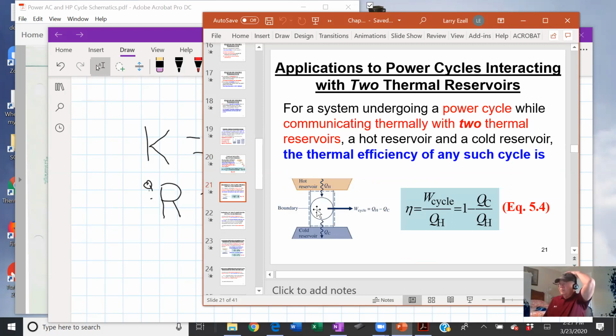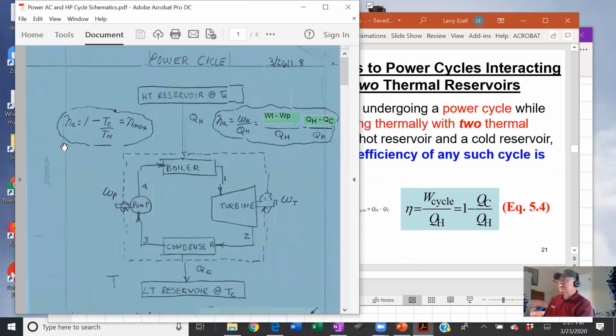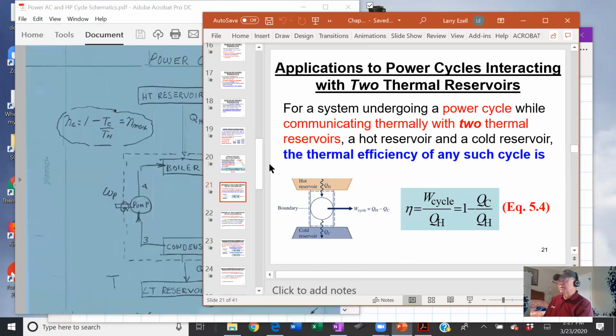All right, now we're beginning to get into something that's a little more interesting. And I made up some drawings. They're very crude drawings that try to illustrate some of this. So, application to power cycles interacting with two thermal reservoirs.